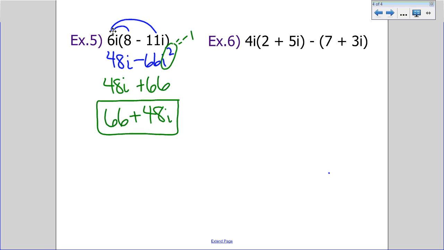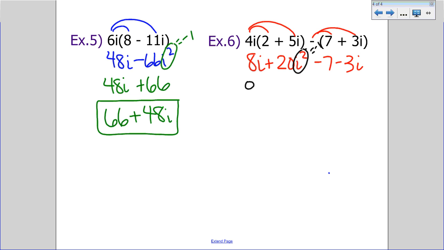So now we just have some simplifying. Distribute your negative through there, so we have 8i plus 20i squared minus 7 minus 3i. It doesn't matter where that i squared is at, that i squared is equal to a negative 1.